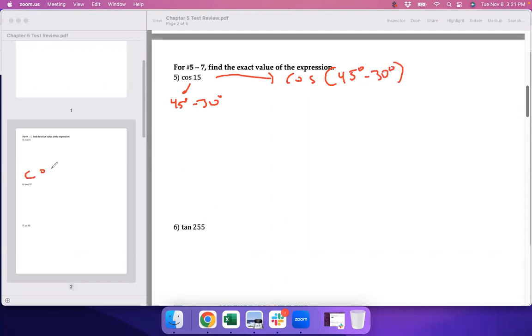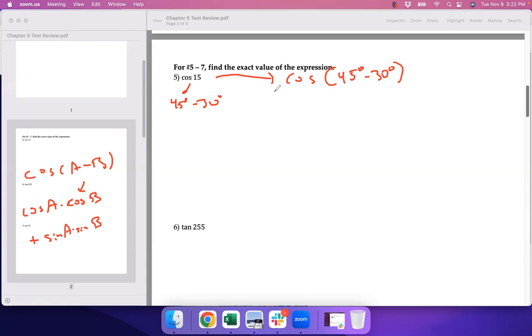And there's a formula that says that if we have cosine of A minus B, that's going to be cosine of A times cosine of B minus sine of A. Actually, I'm going to say plus sine of A times sine of B. Obviously, I've been doing this a long time. I have it memorized. I know you guys don't, so hopefully you'll get the formulas.